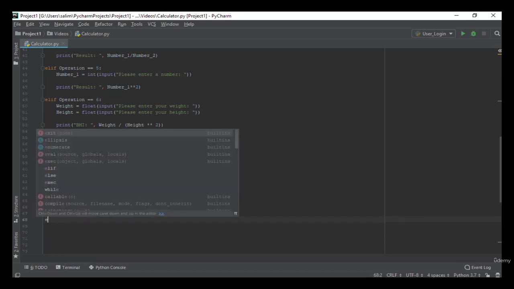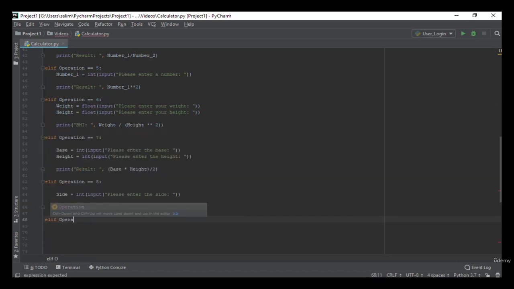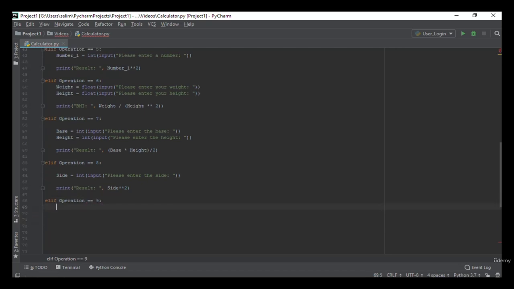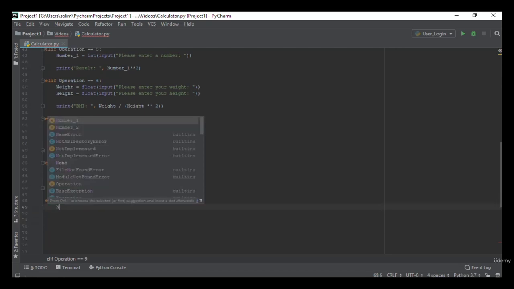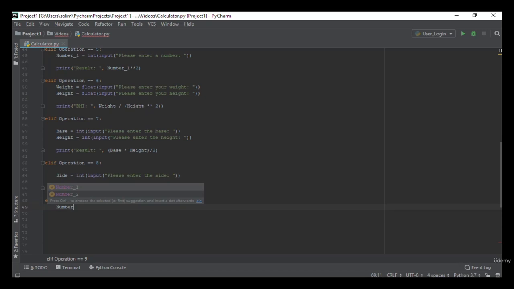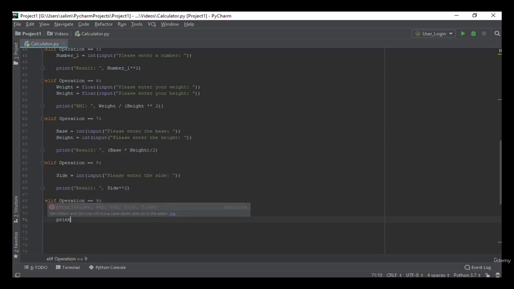The ninth one is finding the square root. So we create a variable named number and ask for that value to be entered by the user. Print number times 0.5.